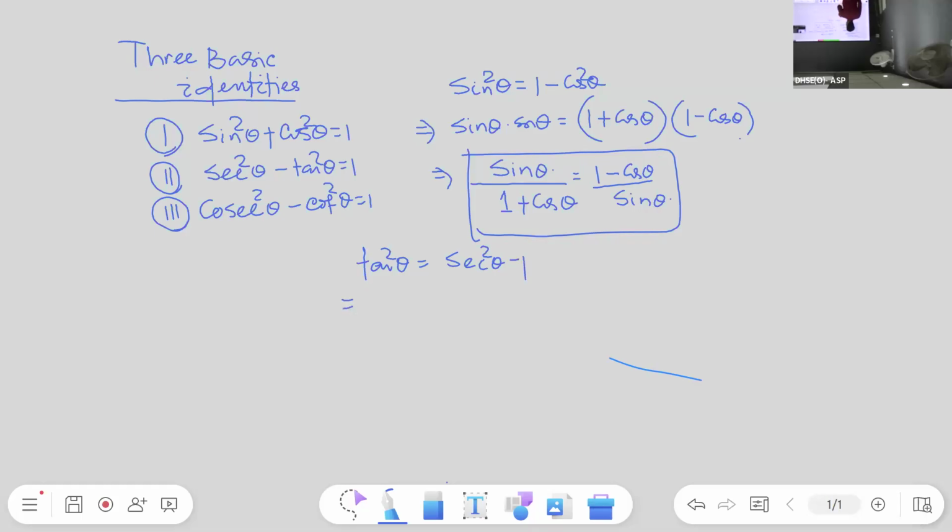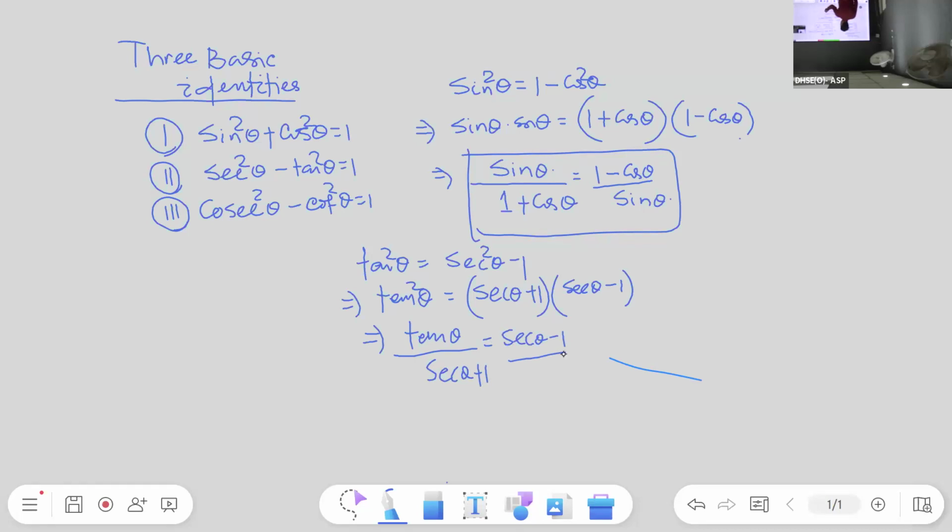This implies tan square theta is equal to sec theta plus 1 into sec theta minus 1. So tan theta upon sec theta plus 1 is equal to sec theta minus 1 upon tan theta.